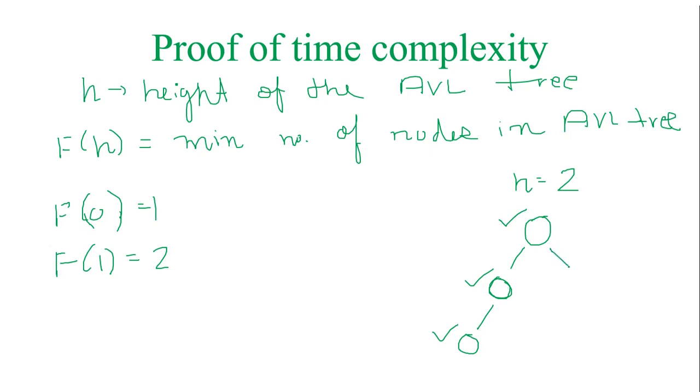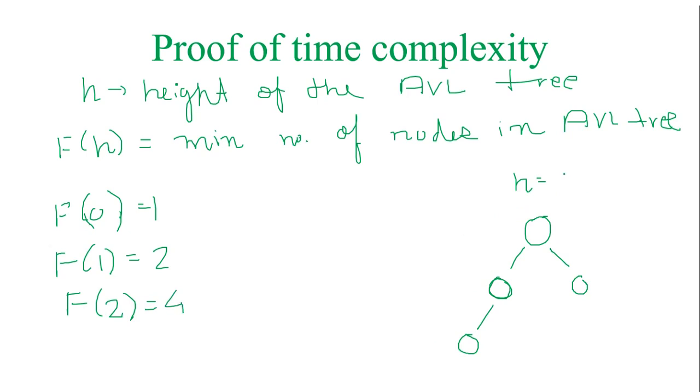So we will add one node here, and as you can see, the modulus of the difference between the height of the left subtree and the height of the right subtree is less than or equal to 1 for each node, and hence this tree is balanced. Also, it is a binary search tree, hence this is an AVL tree. So the minimum number of nodes will be 1, 2, 3, 4. So f of 2 turns out to be 4.